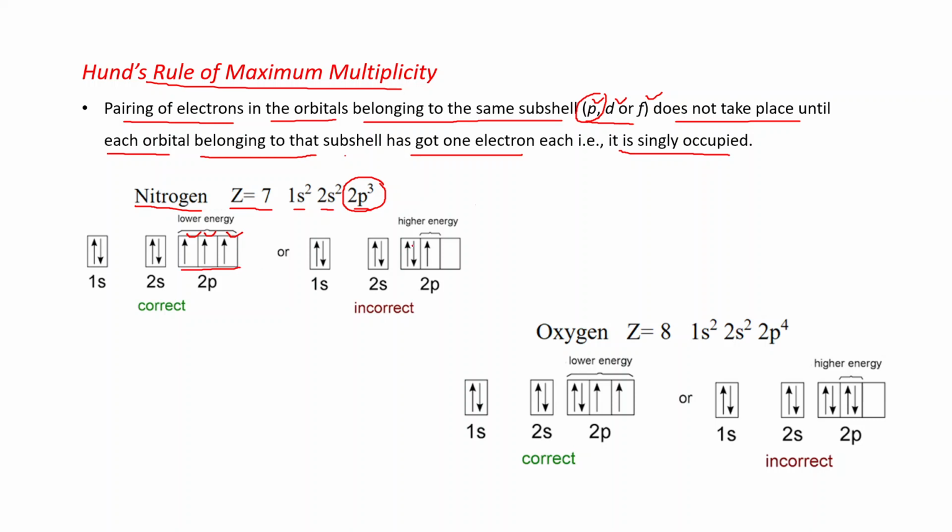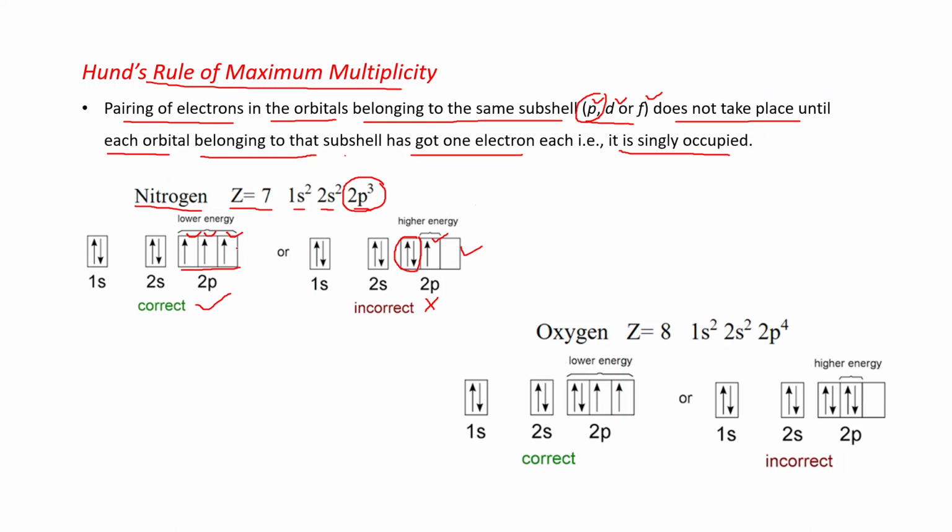Another way is that 2 electrons are in one orbital, the second orbital has 1 electron and the third is empty. We can say this is an incorrect configuration while this is the correct configuration. Because first of all, each orbital will occupy a single electron, then only pairing will start.